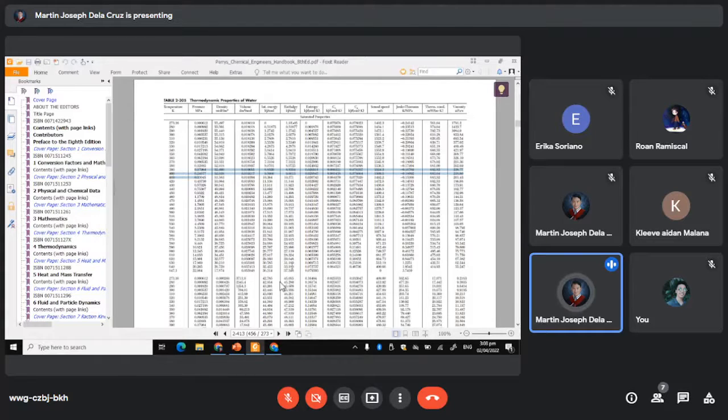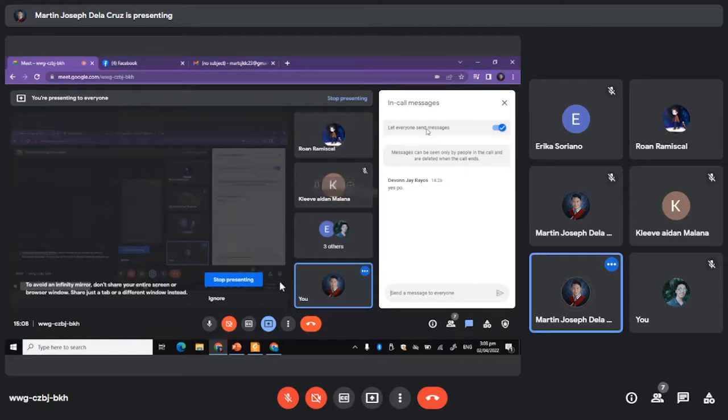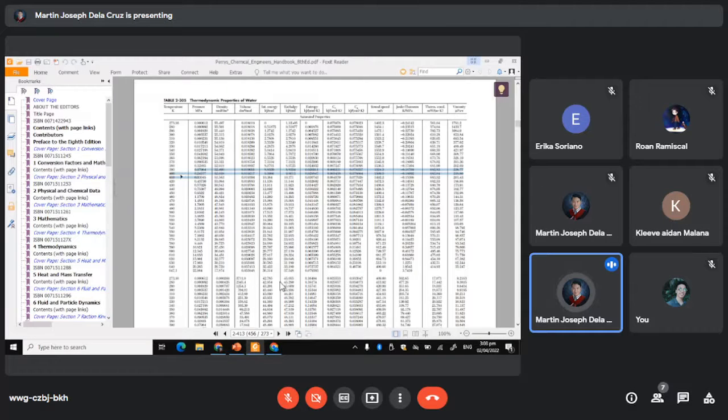So, I want Roan present. Meron pa ba siya? Okay. So, Roan, please get the temperature. And then, Bea, please get the saturated liquid. And then, Erica, please get the saturated vapor. 0.239 tayo, class.